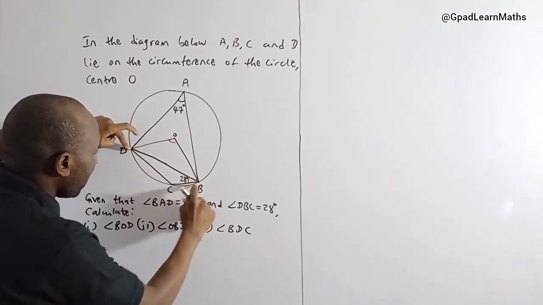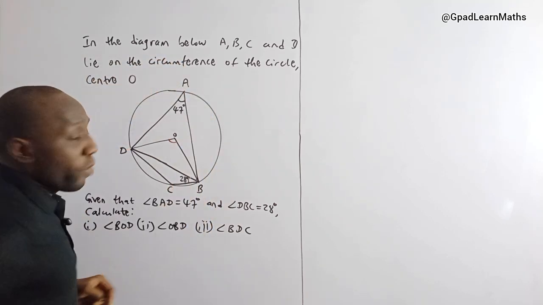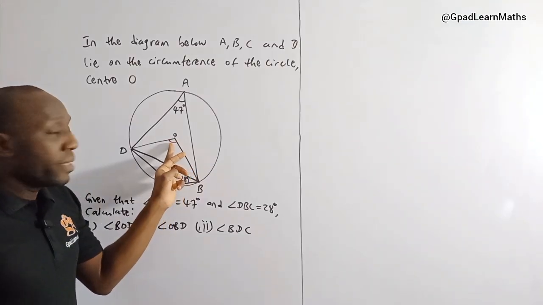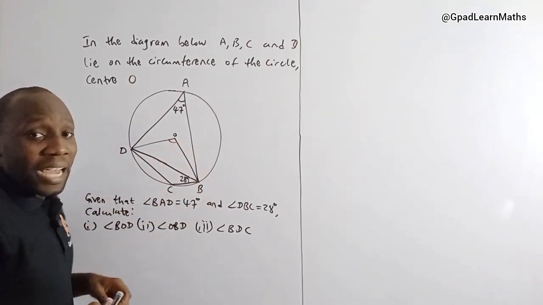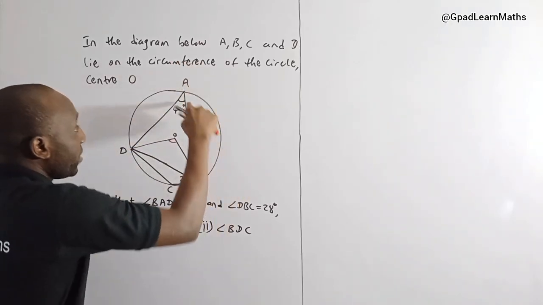Look at this arc here. This same arc subtends this angle, 47 degrees. So this angle at the center will be 2 times the angle subtended by the same arc at any point on the remaining circumference.